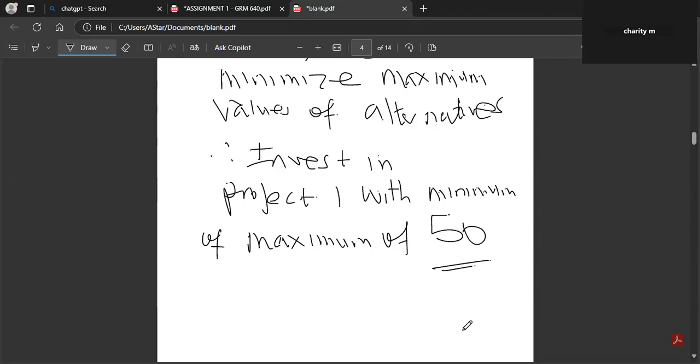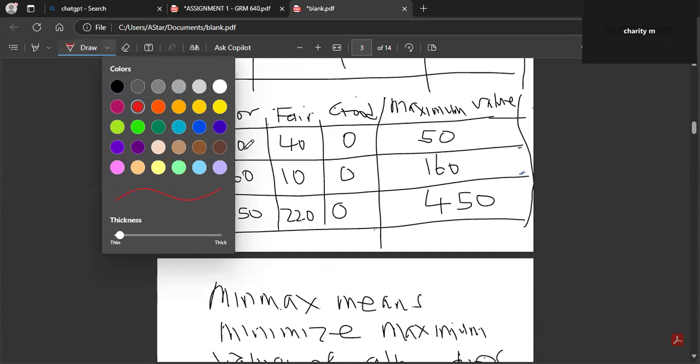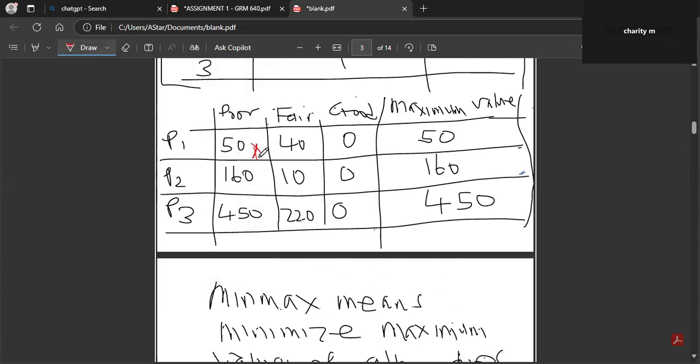Have you followed so far? So the maximum value is 50 here. Here it was 160, and then it was 450.